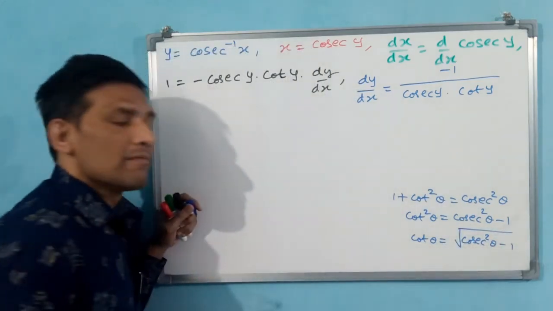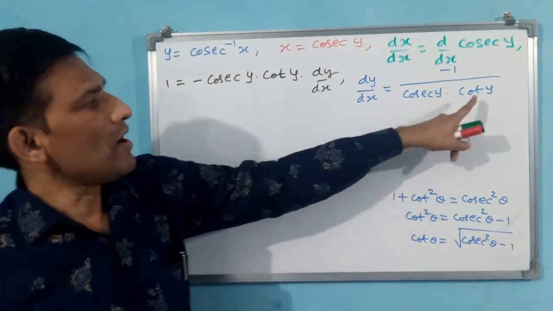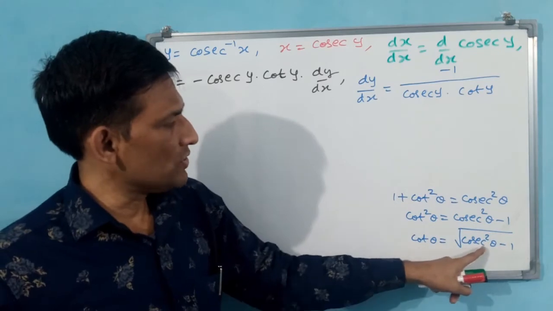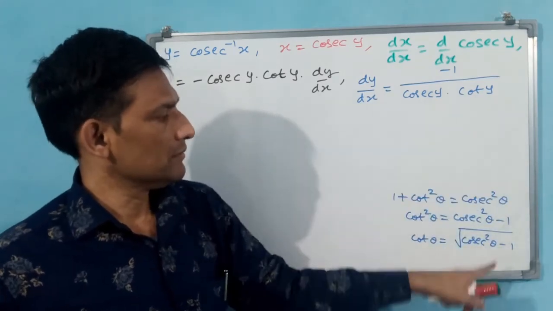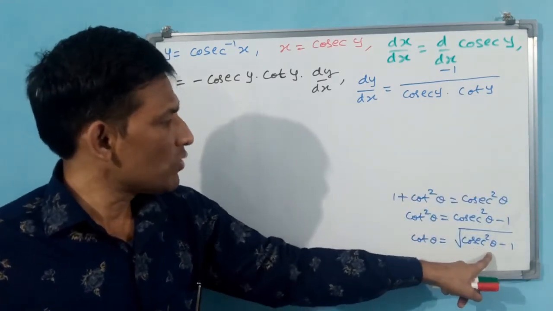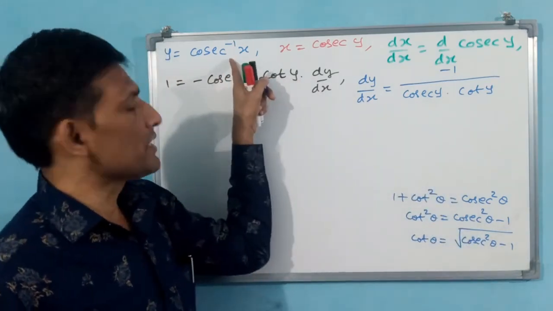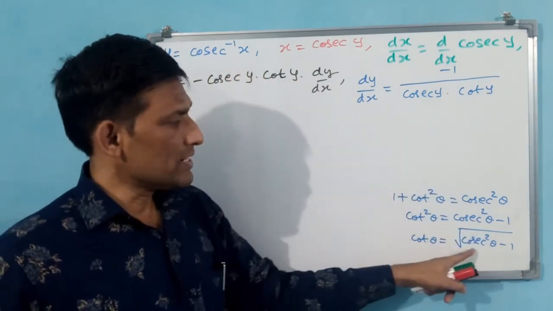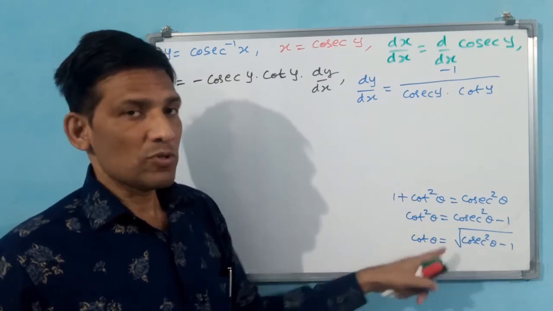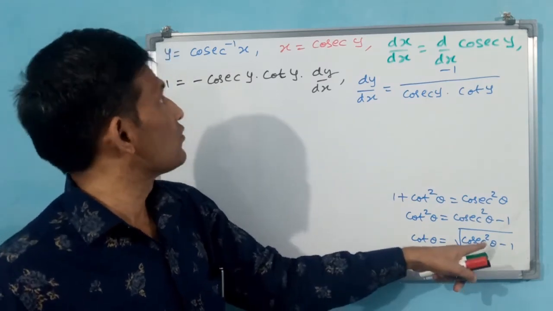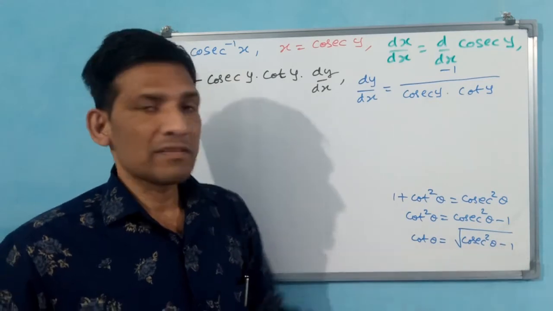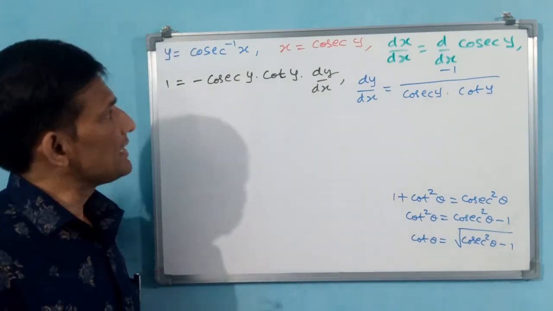Is it okay? Now this cot y I am writing as square root of cosecant square y minus 1. In theta place, I can put cosecant inverse x. Cosecant and cosecant inverse both are going to get cancelled. x is going to become x square, x square minus 1 it is going to become. Okay, like that I am going to do.